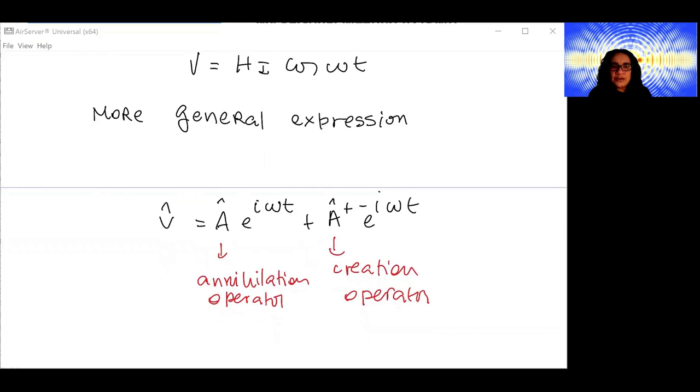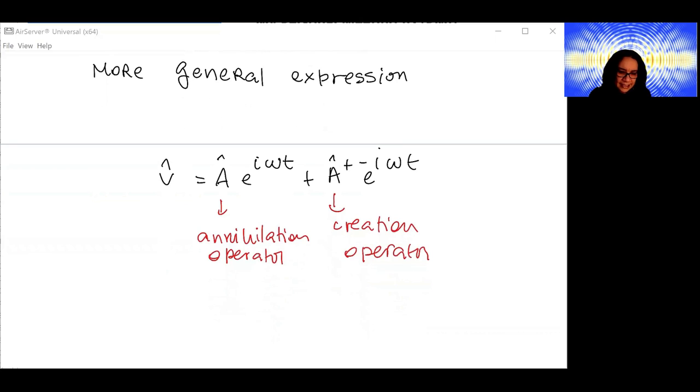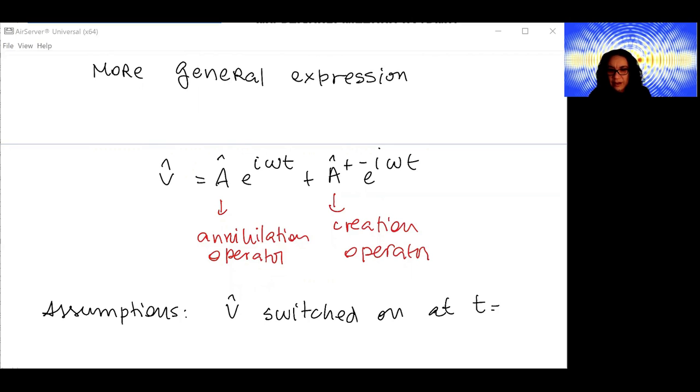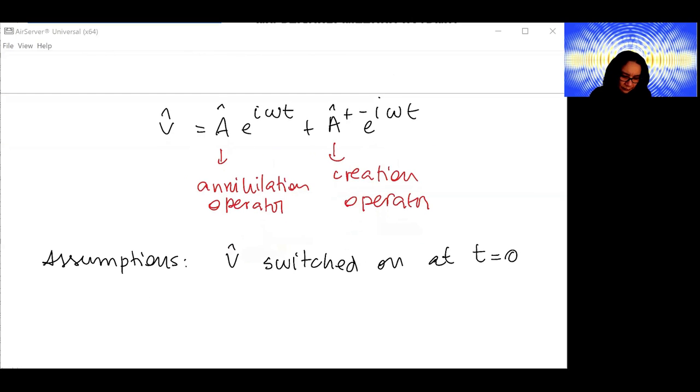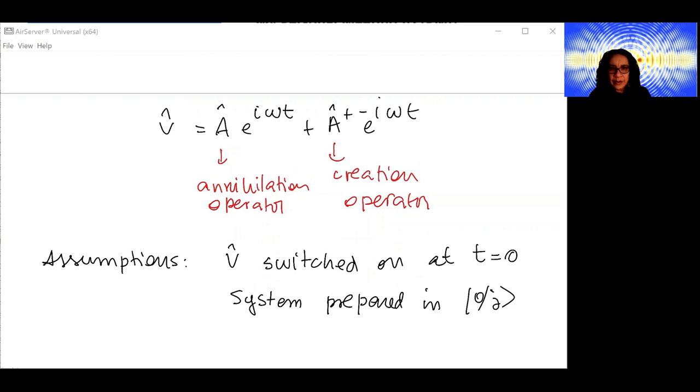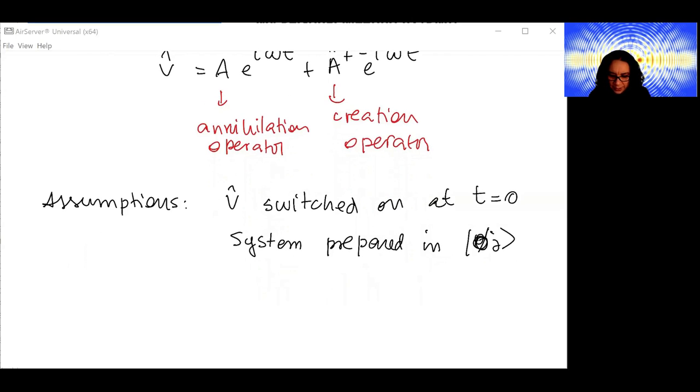Okay, so what we're going to do is assume that this perturbation is switched on at t equals 0, and that prior to that, and at t equals 0, the system is prepared in the state phi j of the unperturbed Hamiltonian.